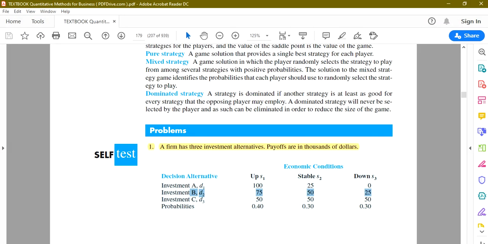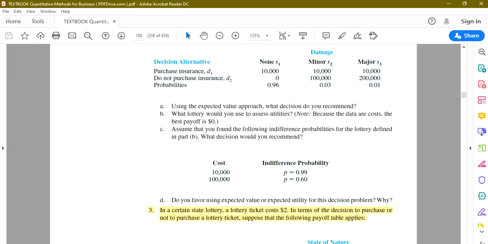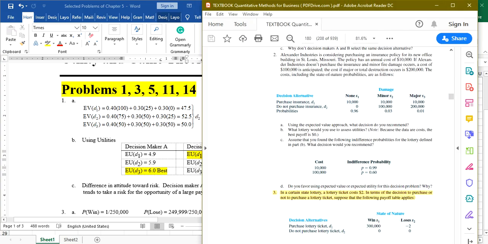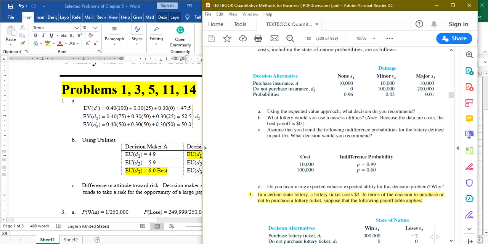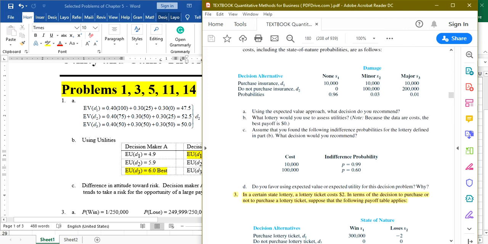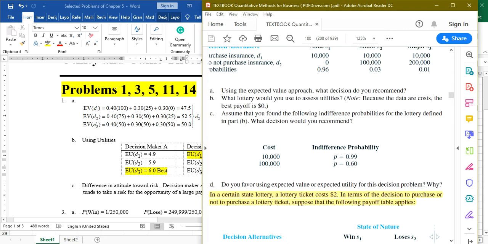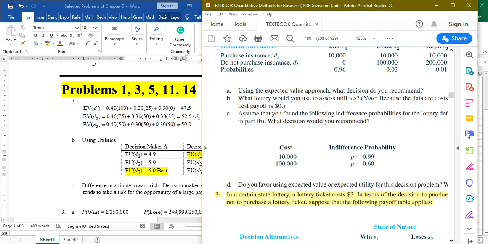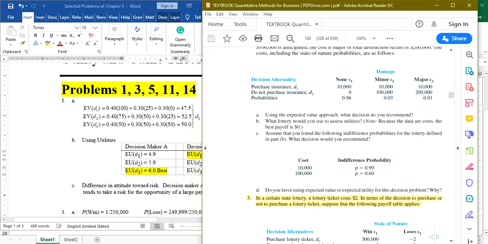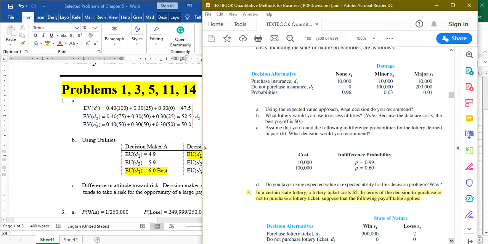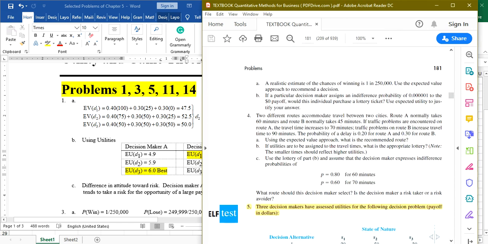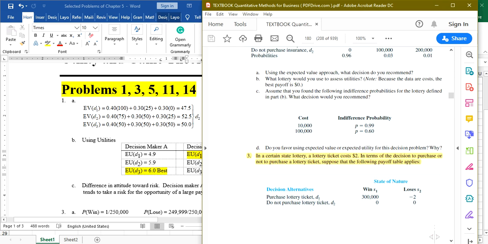So let's check question 3. I could have them in this way, both on my screen simultaneously. Okay. In a certain state lottery, a lottery ticket costs $2.